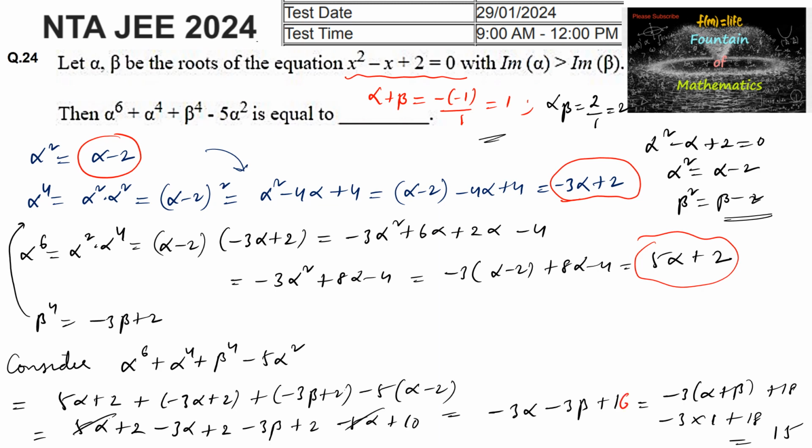So please mark this as 16. So 16 minus 3 is 13. So we can go with an answer 13. So alpha power 6 plus alpha power 4 plus beta power 4 minus 5 alpha square value is 13.